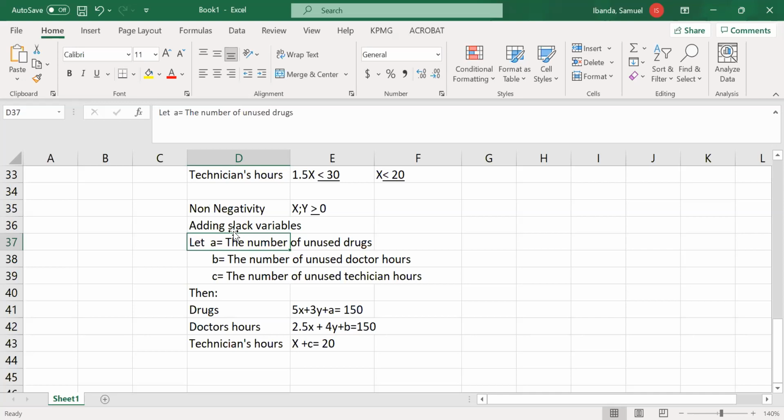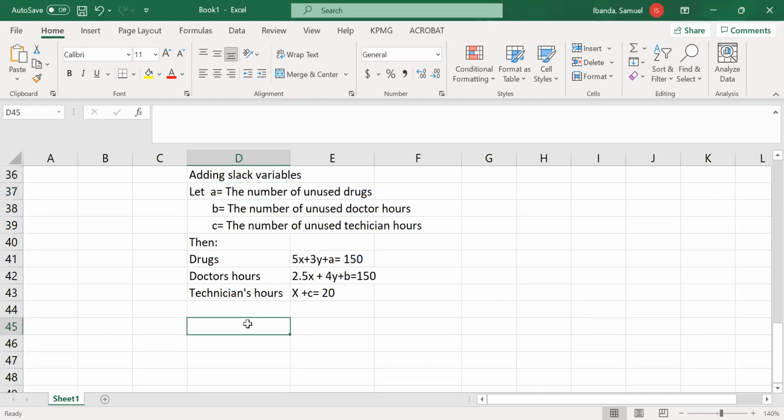Now, after we have done so, we go ahead to create our initial tableau. Now, one of the things that we also do, we adjust our so-called objective function.